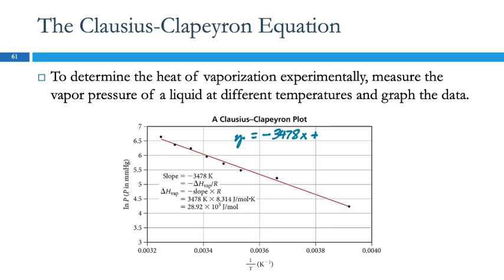No, they don't give us the intercept. We'll call it 6.75. So this is our slope. Dang it, did that yesterday a lot too. Picked the wrong thing. That's the slope. So the slope is negative 3478. That is equal to negative delta H over R.